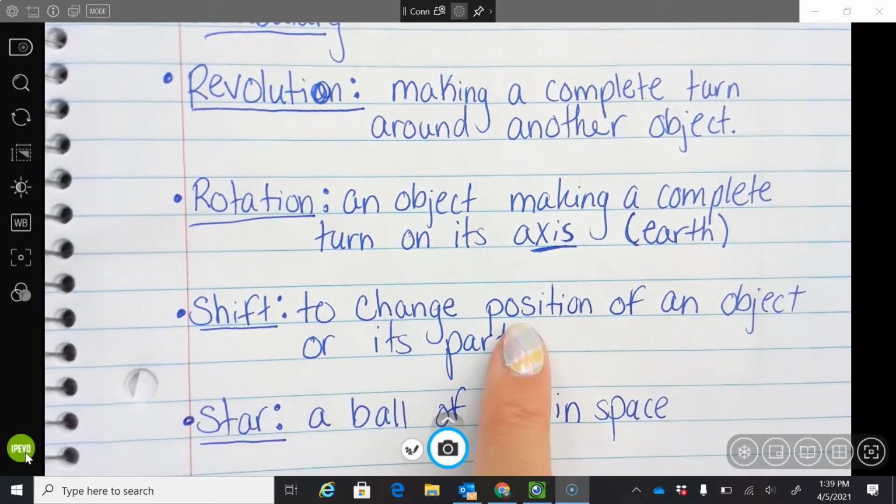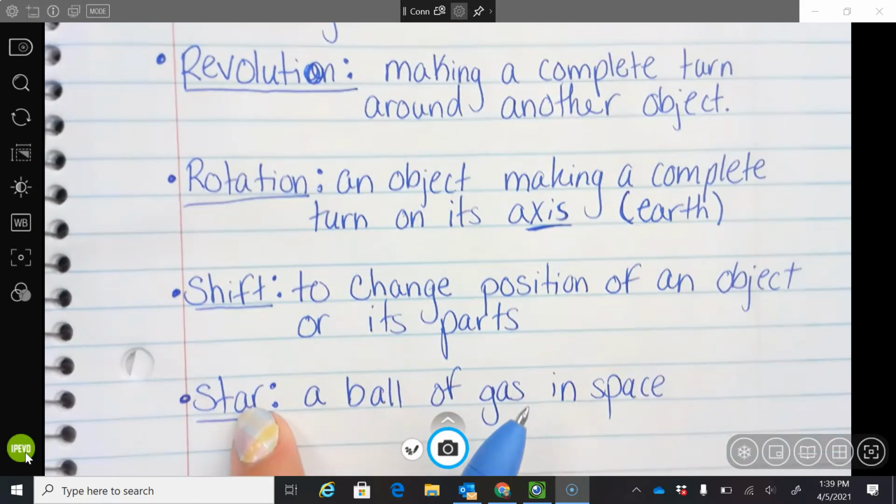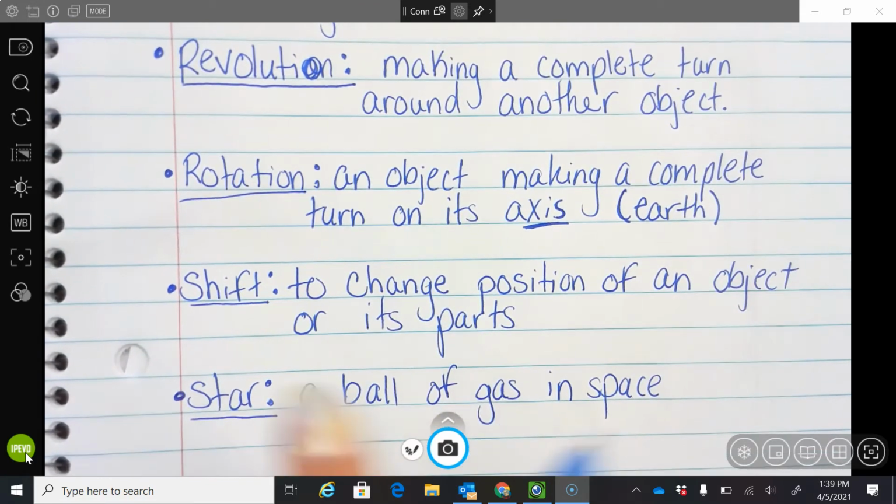To change position of an object or its parts. What is the word saying? Star. Star? Yeah.